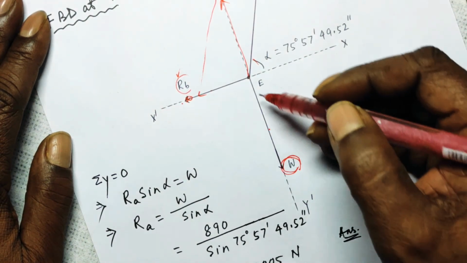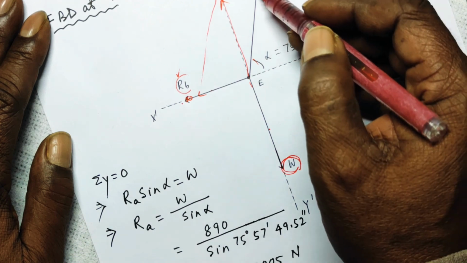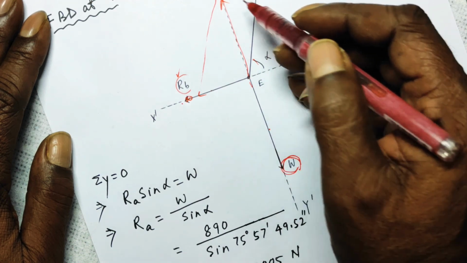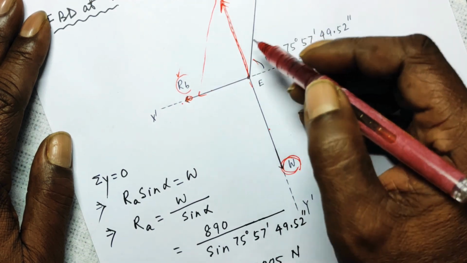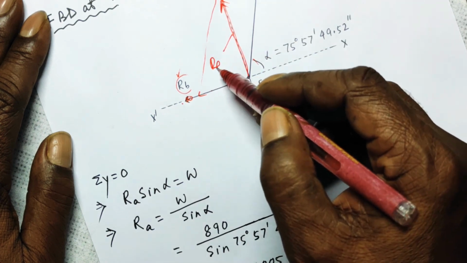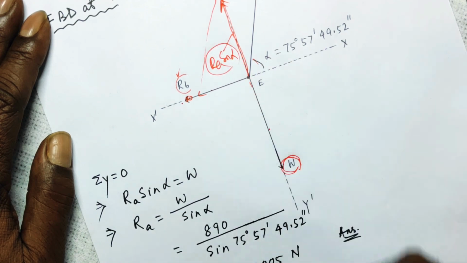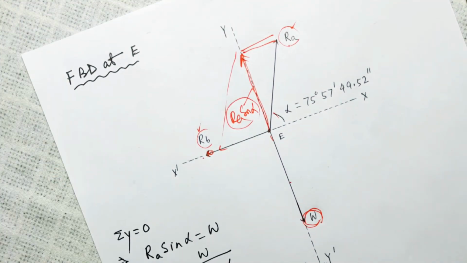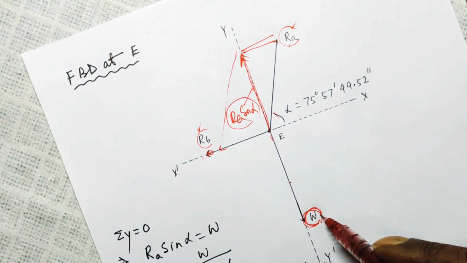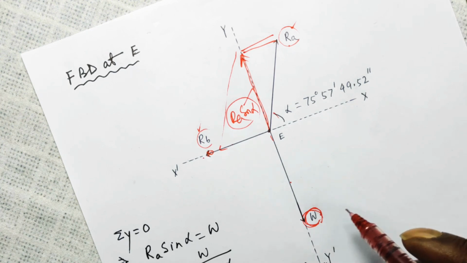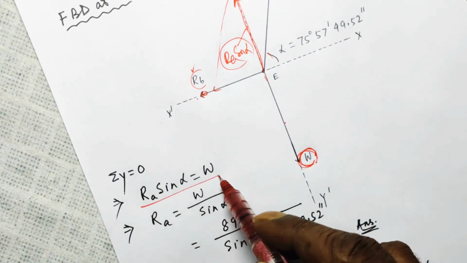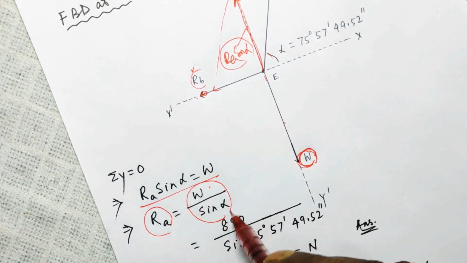This W is already along the negative y-axis, so if you drop a perpendicular from here on the positive y-axis, this part will be your RA times sine alpha. And RA sine alpha is exactly opposite to W. So if their values are equal, they will cancel. So RA sine alpha is W. So RA is equal to W over sine alpha.